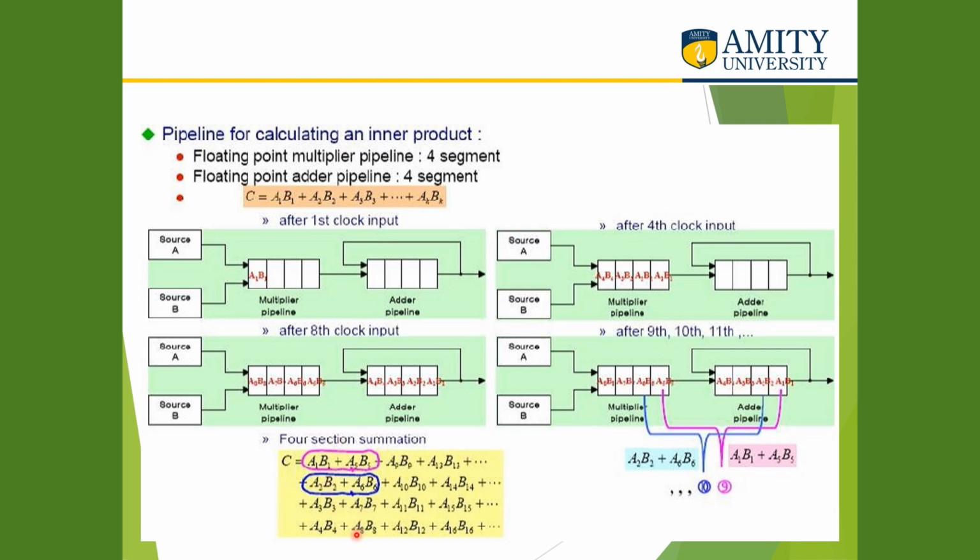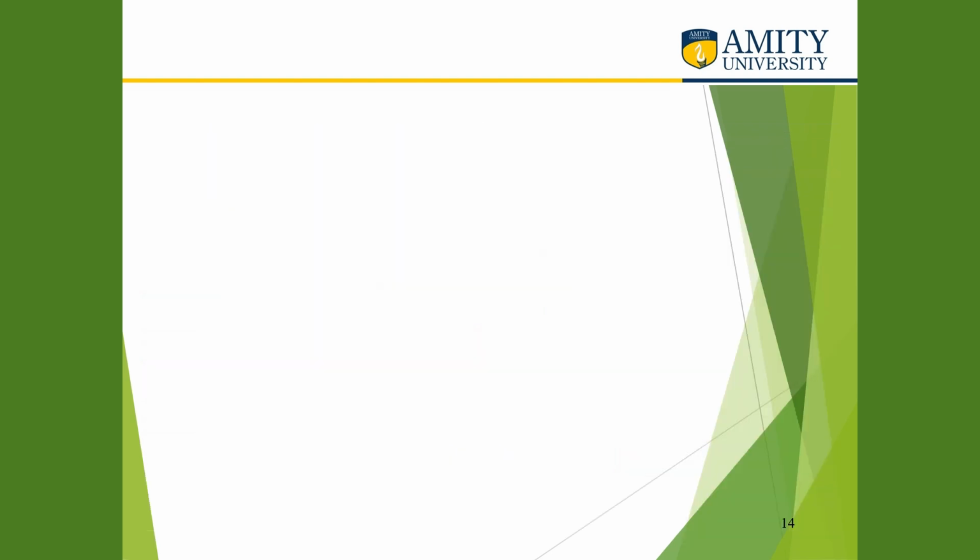This is how they are executed: a1 b1 plus a5 b5, a2 b2 plus a6 b6, a3 b3 plus a7 b7, and so on. After 4 clock cycles, at the 9th, 10th, 11th and 12th, we get outputs, and then it repeats again for k values.